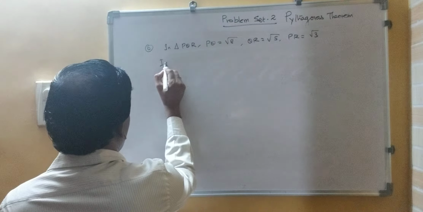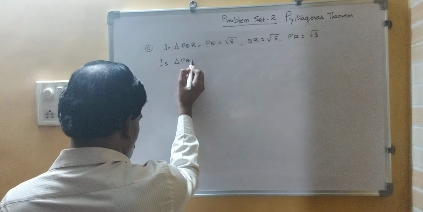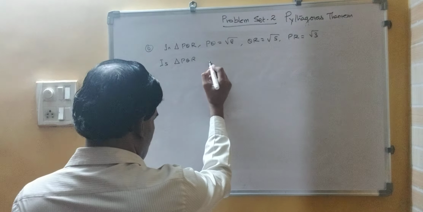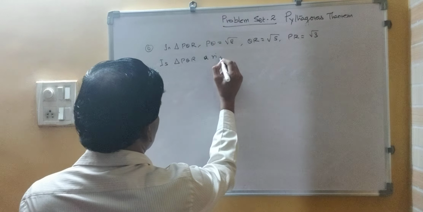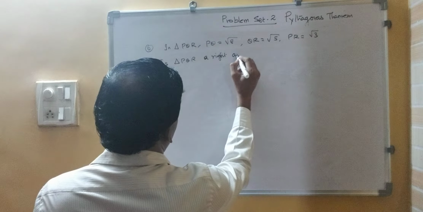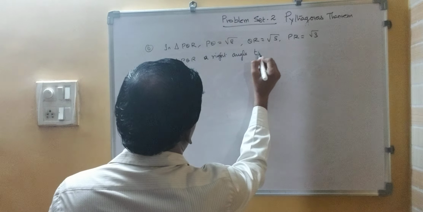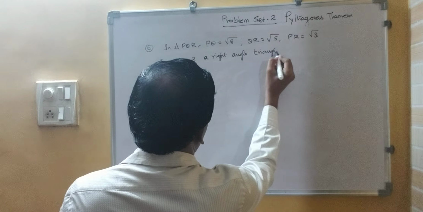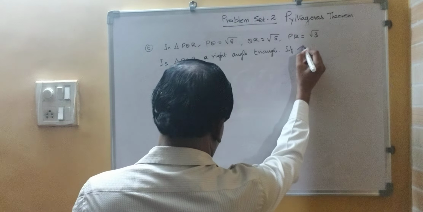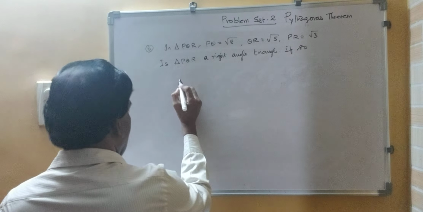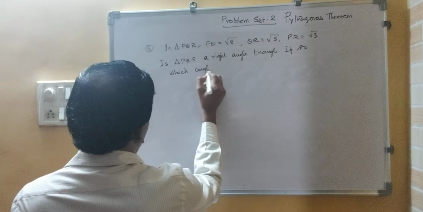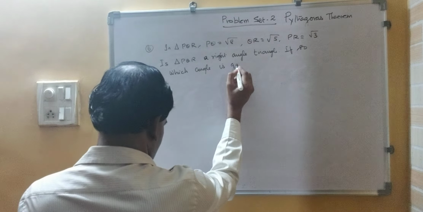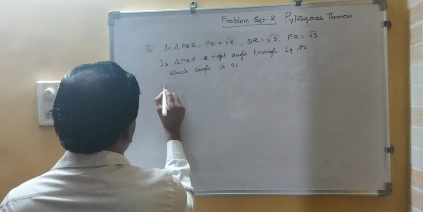Is triangle PQR a right angle triangle? If so, which angle is 90 degree?